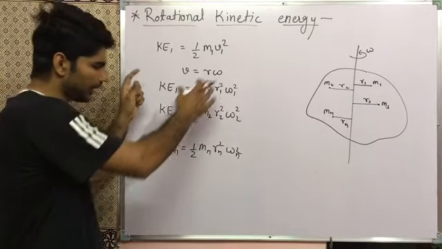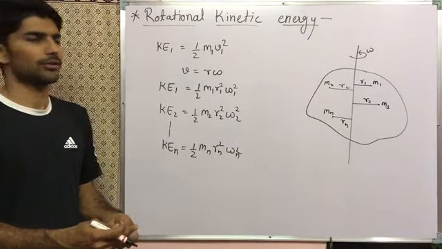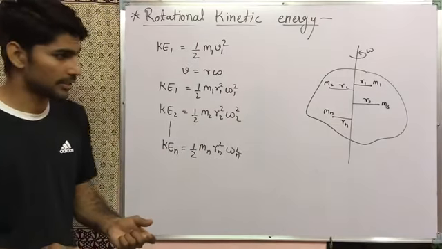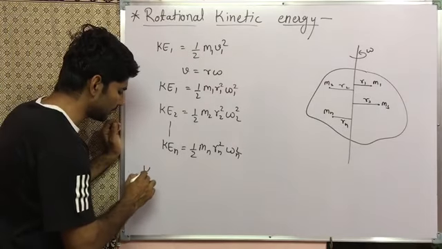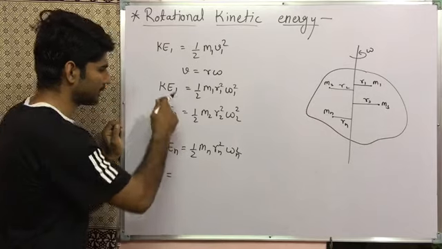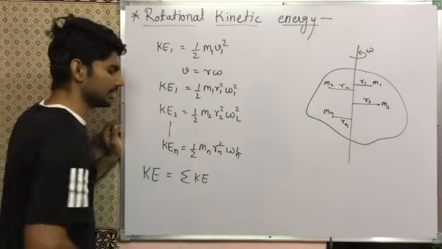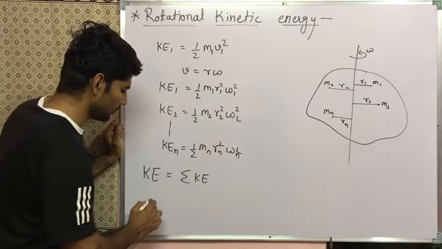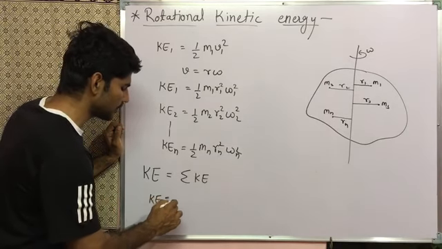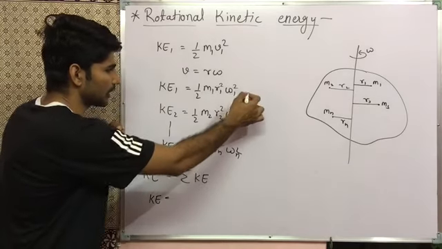When we add all those kinetic energies for individual particles, we will get the total kinetic energy for this rigid body, the summation of kinetic energies. So the kinetic energy for this body will be the summation of all these kinetic energies.